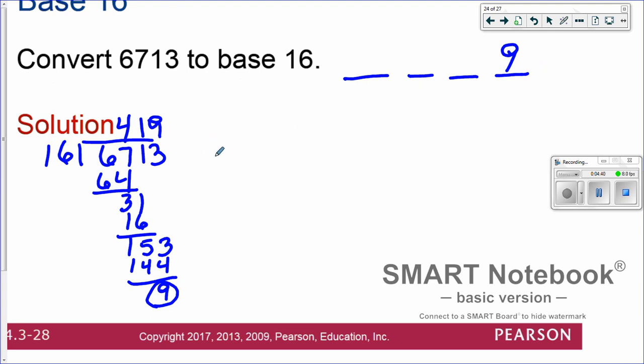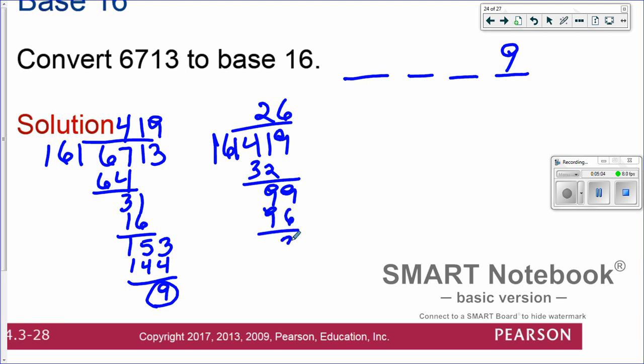So now I'm doing 16 divided into this 419 that I have here. So 16 into 41 goes twice. And that's 32. And then you bring down the 9 here. 16 into 99 goes 6 times, and that's 96.